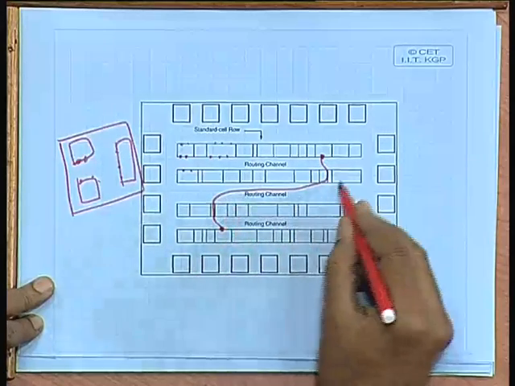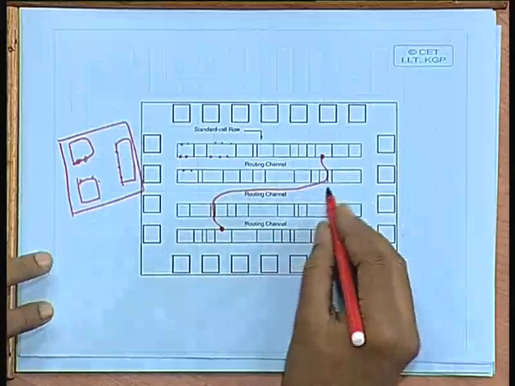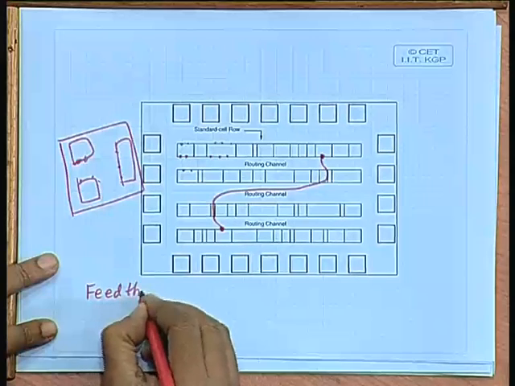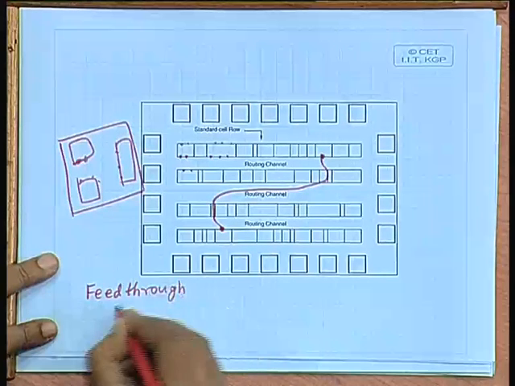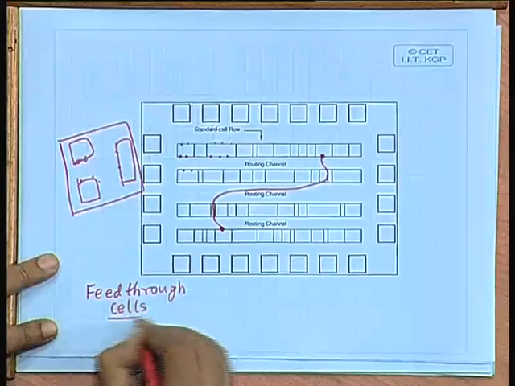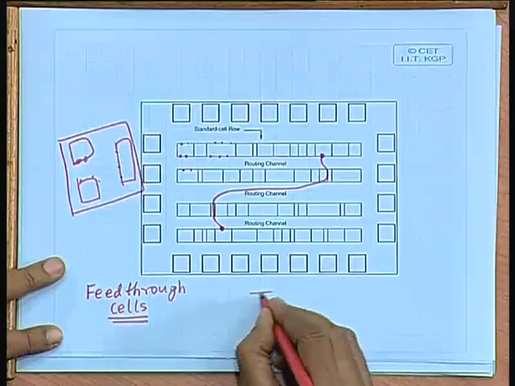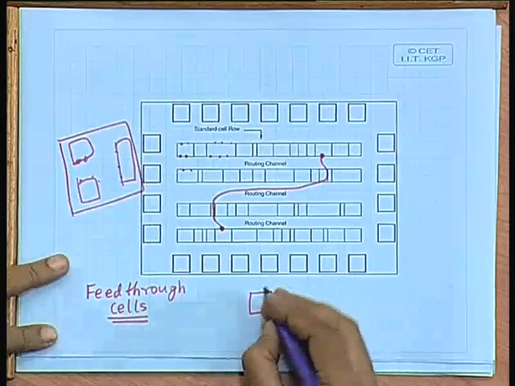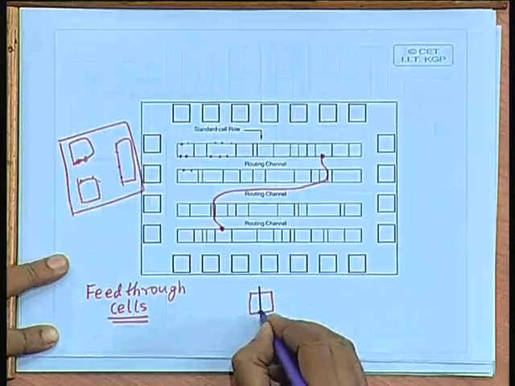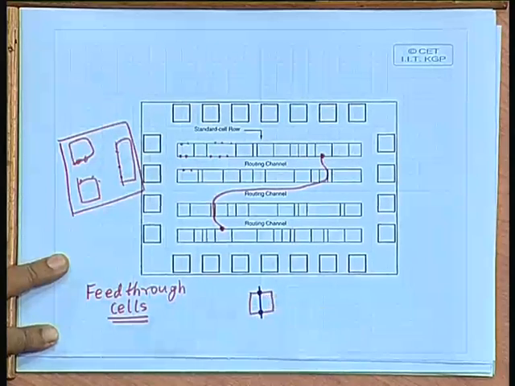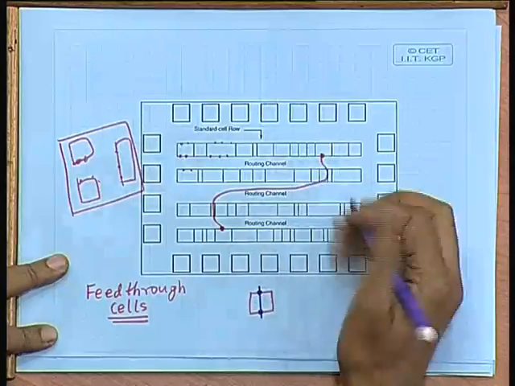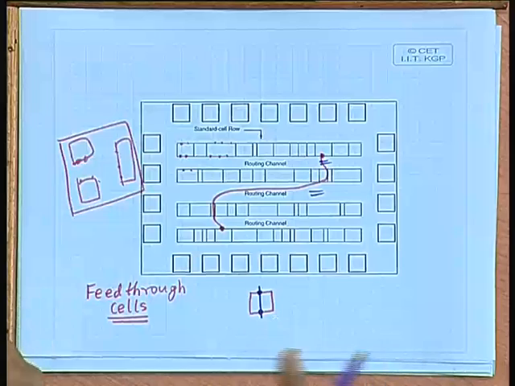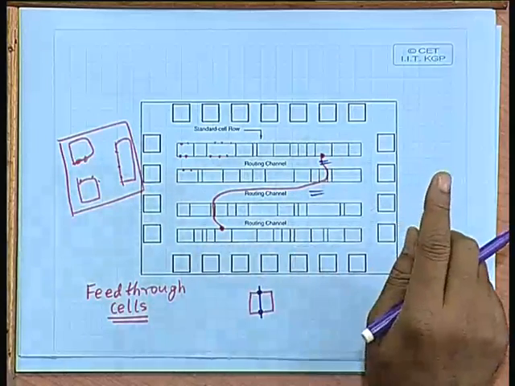Now in order to achieve this, there are some standard so called feed through cells which are also used. Feed through cells are very simple. It is a standard cell which does not implement any useful function, just it has an interconnecting line connecting a point out here and a point out here, through which you can take a netlist from one channel to another channel, just in order to interconnect across channels.